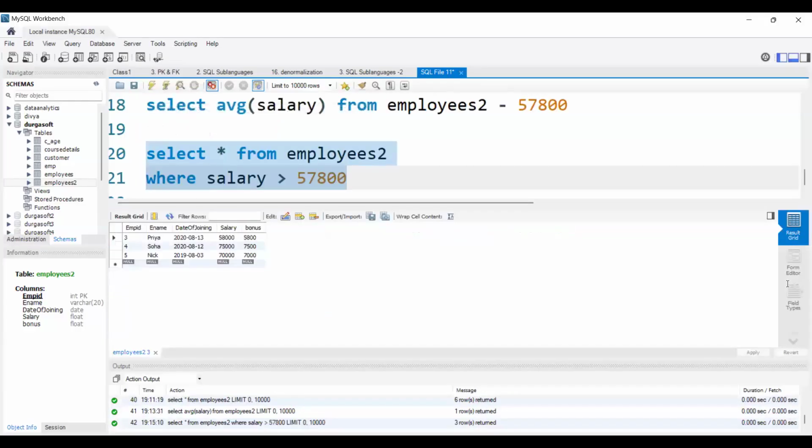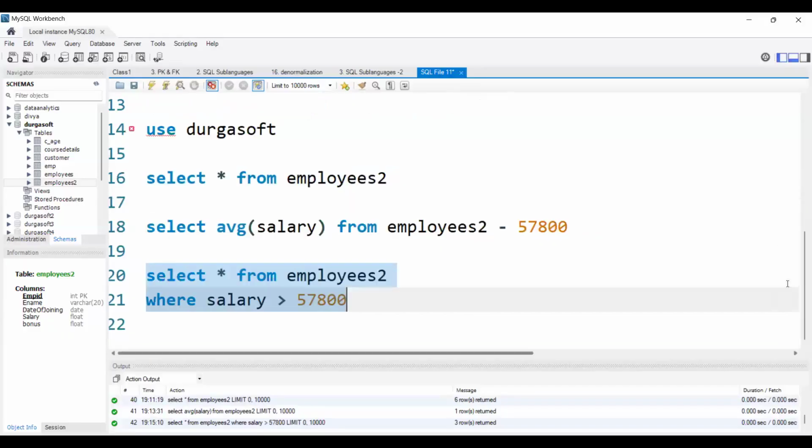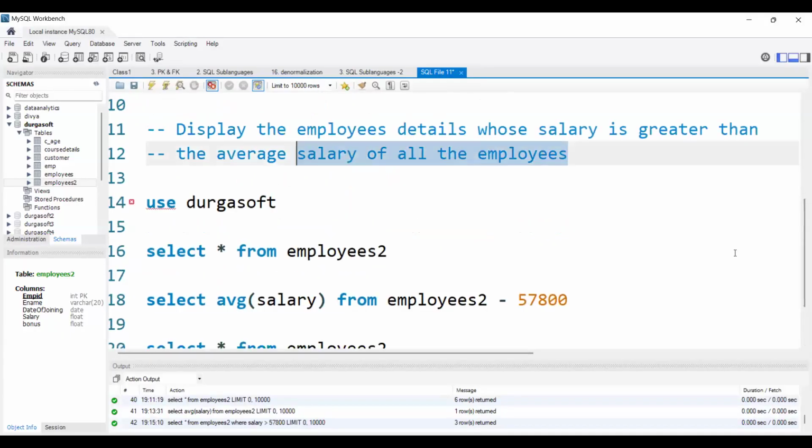I got some employee details. If we see the salary for these employee names, the salary is greater than this average salary, right? 58, 75, 70. Correct? I got the answer to my question.